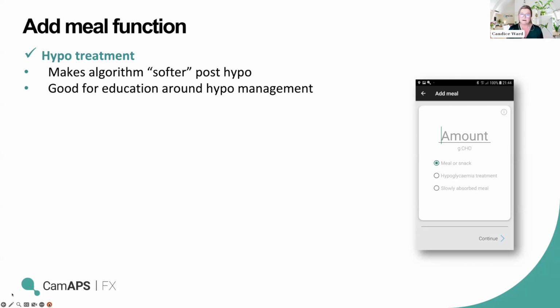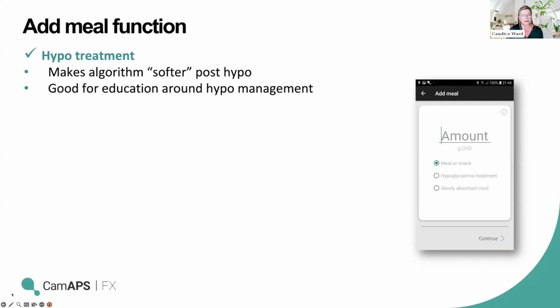And people might need a different amount of carbohydrate at night when they go low but then fall back asleep, than during the day when they're still active. So it's a really useful function that we encourage everyone to do if they can, after they've treated the hypo, to go in and announce the hypo treatment in add meal and tap on hypoglycemia.